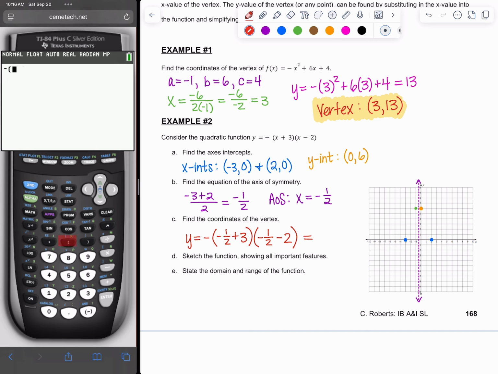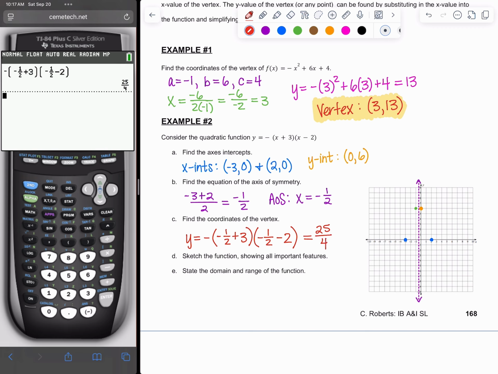So I have negative 1/2 plus 3 times negative 1/2 minus 2. And I see that that is 25 over 4.